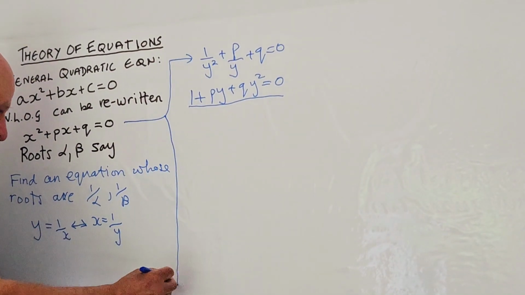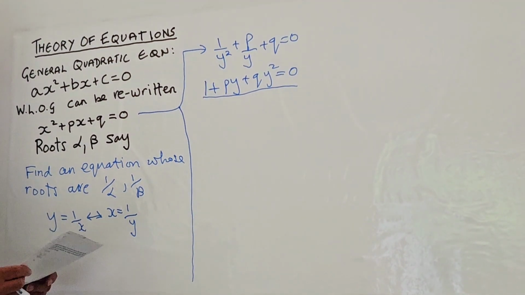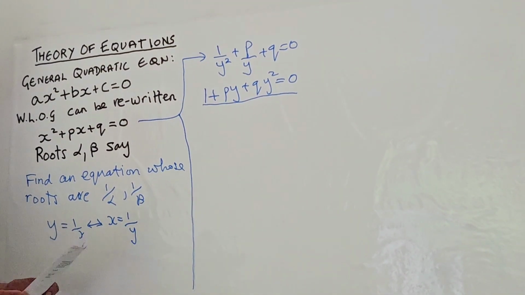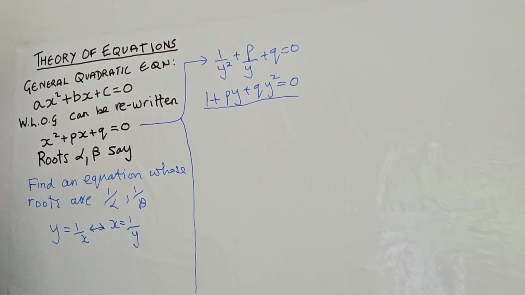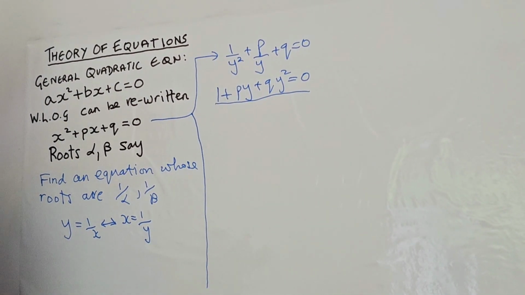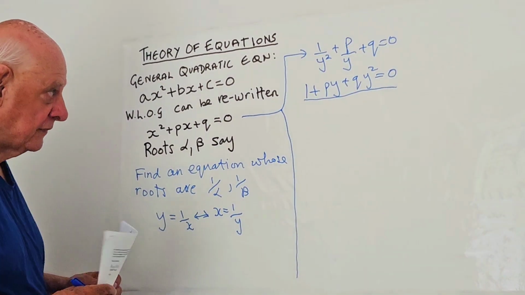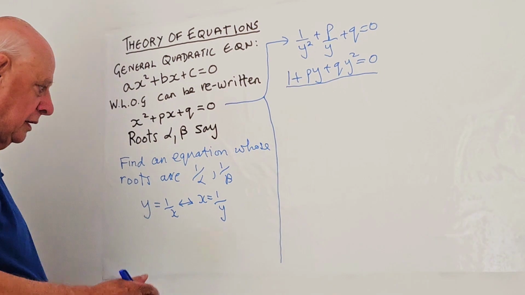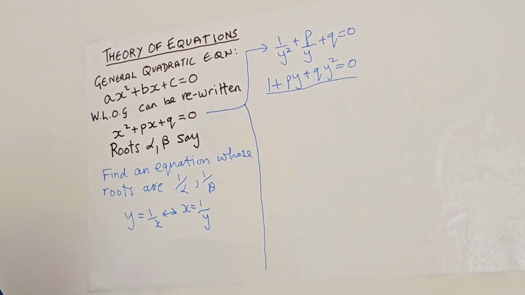And now move on to find an equation whose roots are k greater than the original roots. K could be some number, 2, 3, 4, minus 3, minus 6, minus 7.5, anything like that. So the next thing we want to do, find an equation. I've just changed the color.